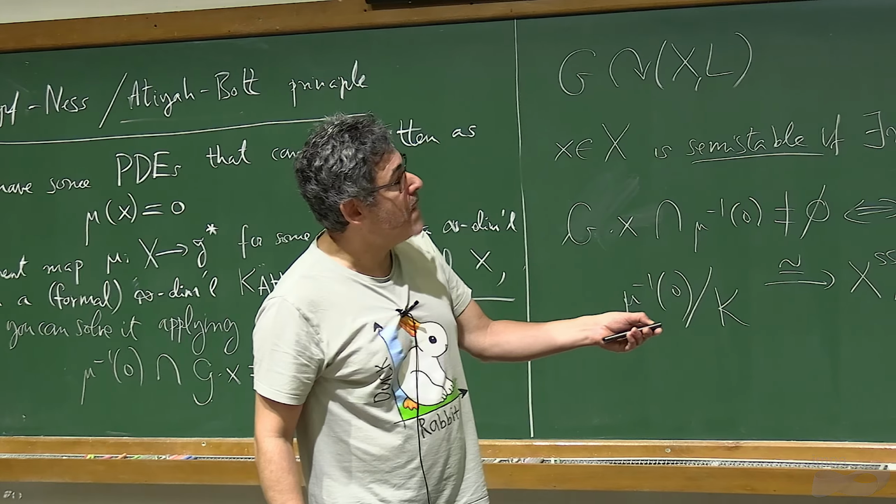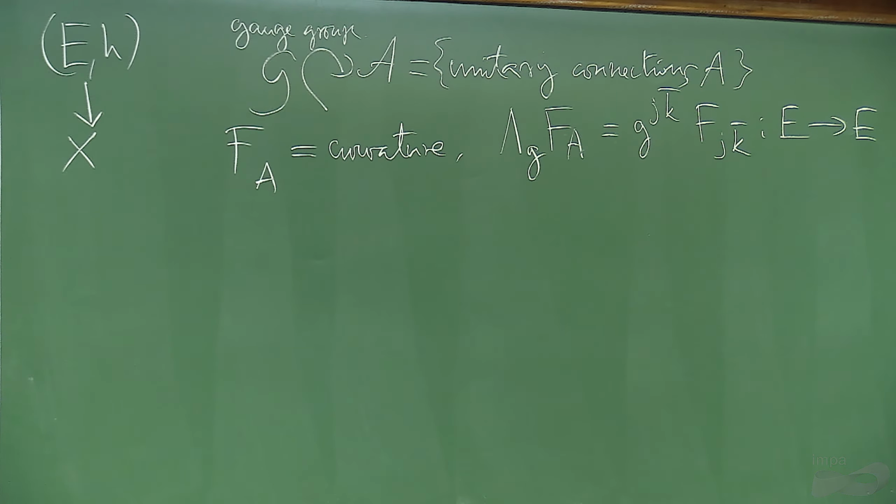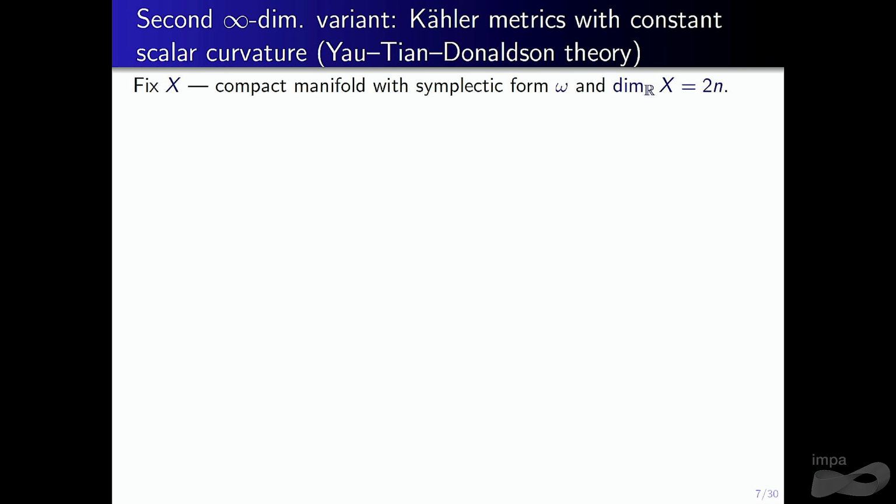It's called Mumford–Takemoto polystability. In the case n equals 1 it was Mumford's stability. So this is the first example, Hermitian–Yang–Mills.